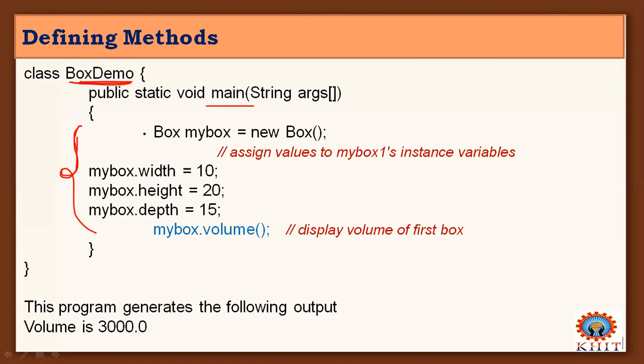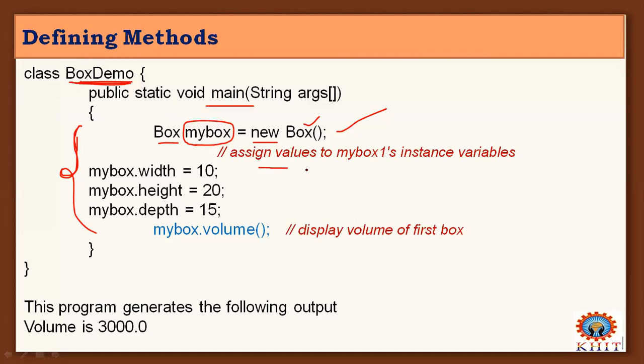For that box class I have created one object, myBox, and I have created memory for this object using the new operator by calling the constructor. This statement is valid and you are all familiar with this representation.